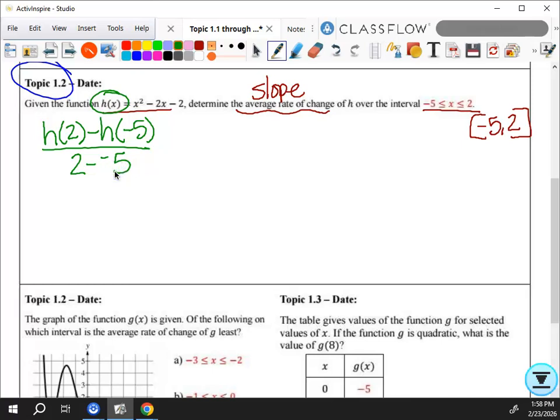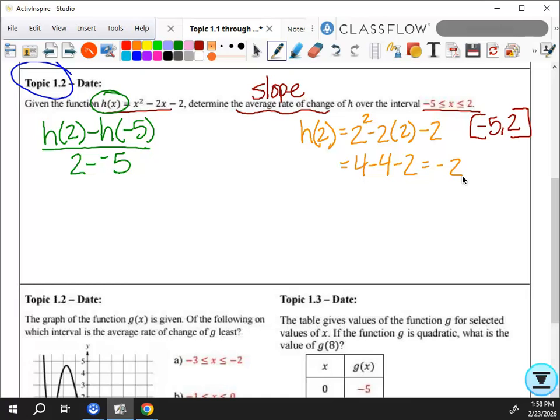Right? That's step one. I don't even have to worry about whether I have an equation, a table, a graph, or anything yet. But because I don't have a table or a graph, I have to actually calculate these. So I need to find h of 2. H of 2 would be 2 squared minus 2 times 2 minus 2, which is going to be 4 minus 2, which is negative 2.